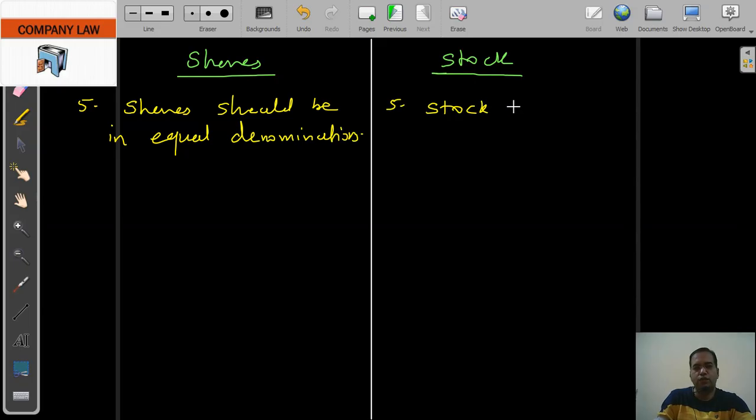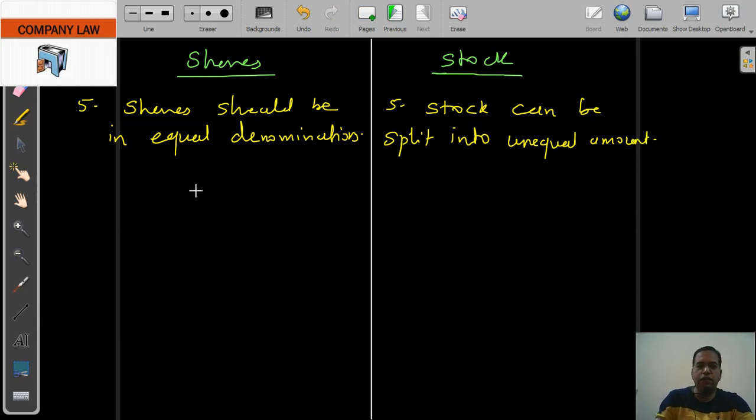Stocks can be split into unequal amounts. As I told you, stock can be split into unequal amounts, but the shares should always be in equal denominations.